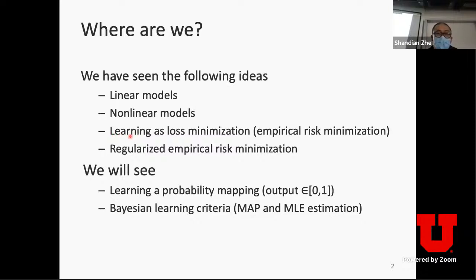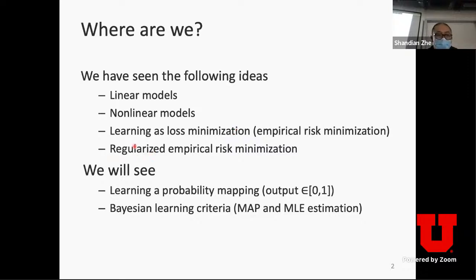And then when we carry out the learning, we're going to use the so-called loss minimization principle, right? In other words, it's called empirical risk minimization principle. We're going to review this later, and then say how it is connected to the Bayesian learning, right?